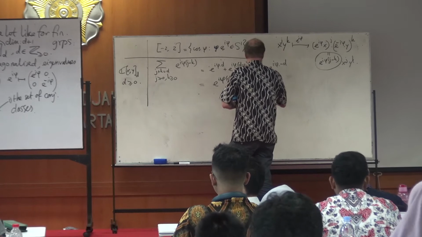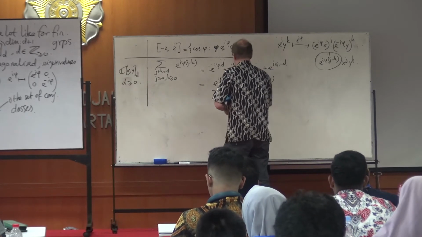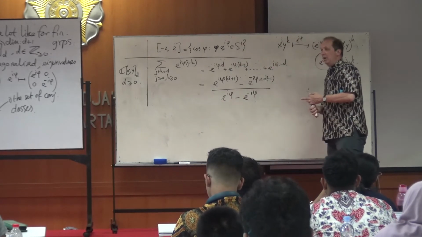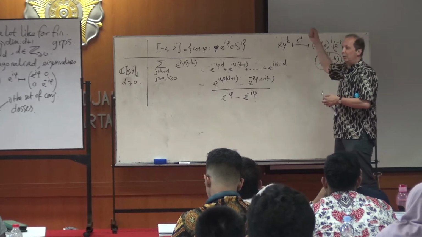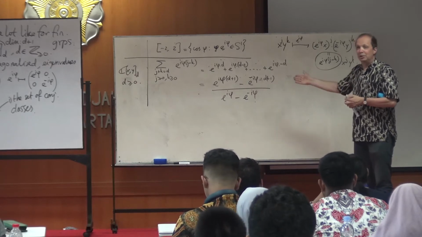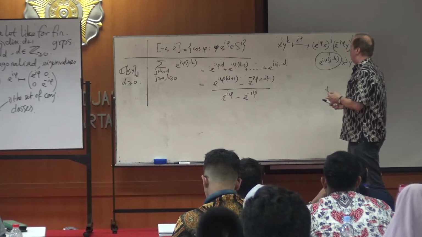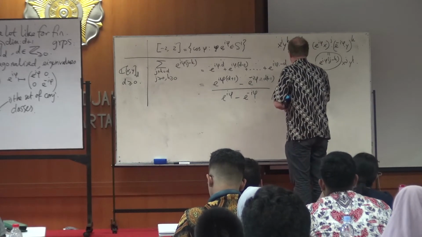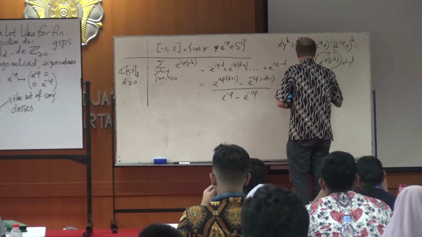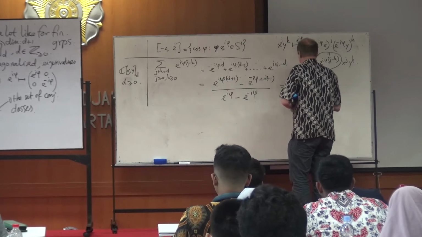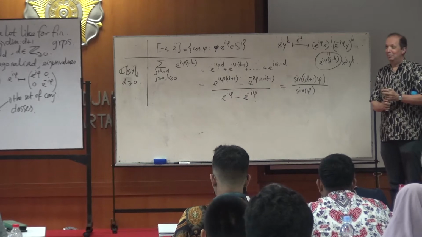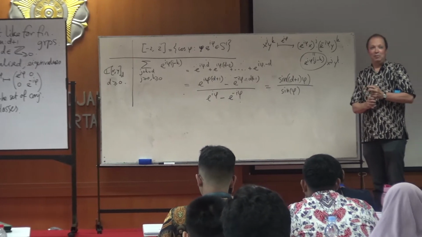Minus this, times, divided by e to the I phi minus e to the minus I phi, right? If you know x to the something minus y to the same power divided by x minus y is a sum, and it's this, right? And so this is also the same as the sine of d plus 1 times phi divided by the sine of phi, right? Yeah? I get approval?